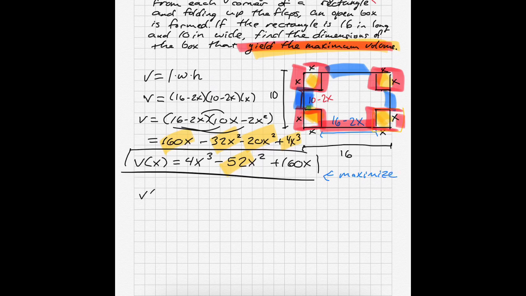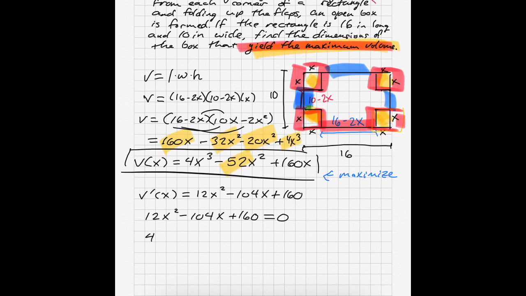So I'll find the derivative: 12x squared minus 104x plus 160. And then I'll set that equal to 0.